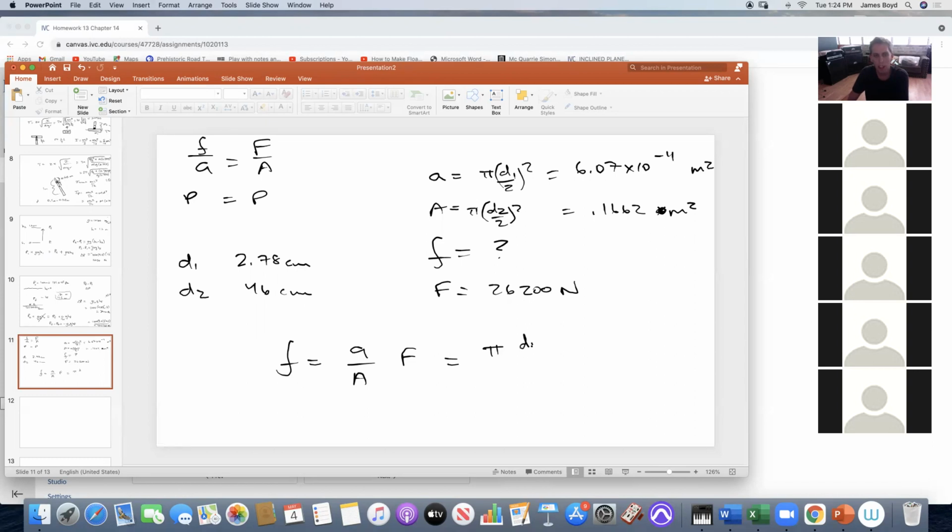So pi d1 over 2 squared over pi d2 over 2 squared times F. That would mean that the pi's and the 2's would all cancel, and you would get d1 squared over d2 squared times F, which works too. So 2.78 divided by 46 times itself times F, which is 26,200, is 95.7 newtons.